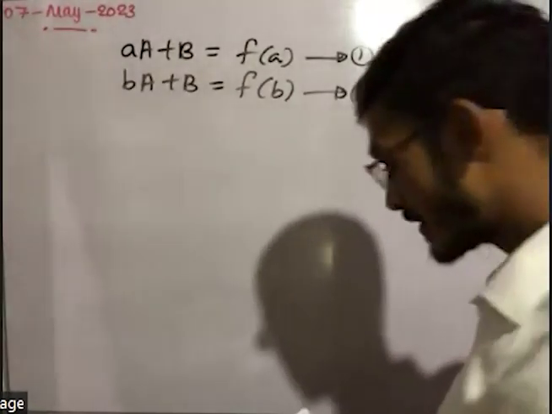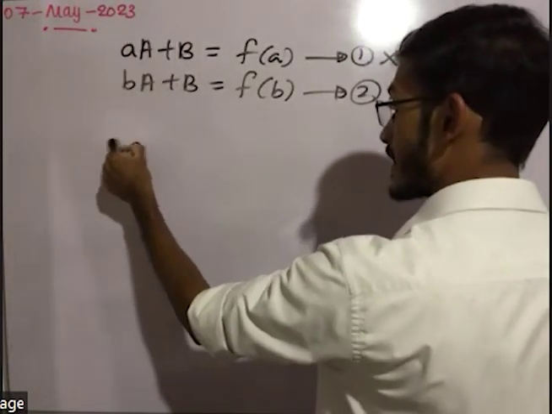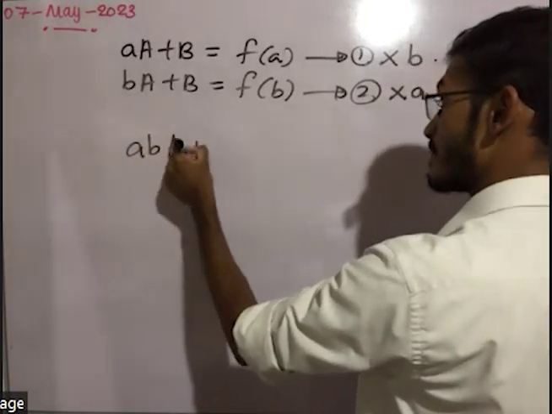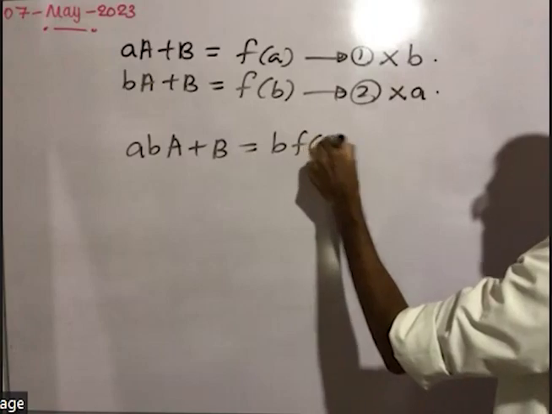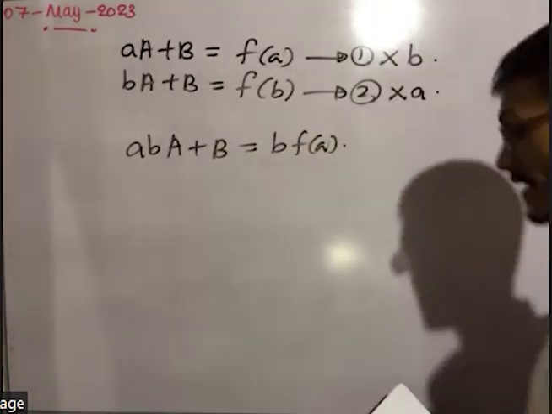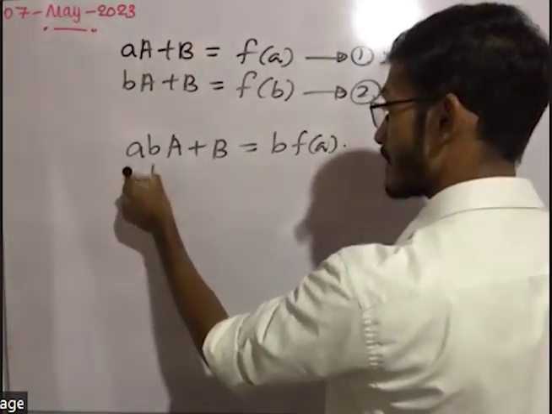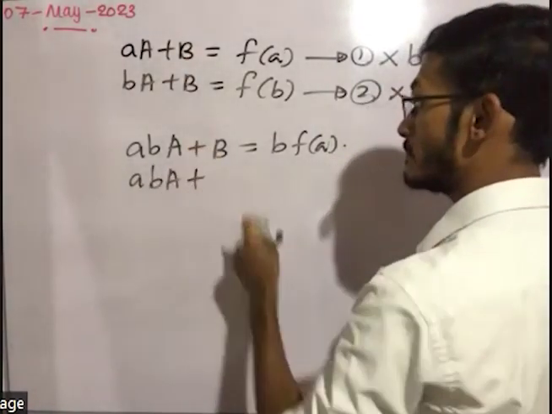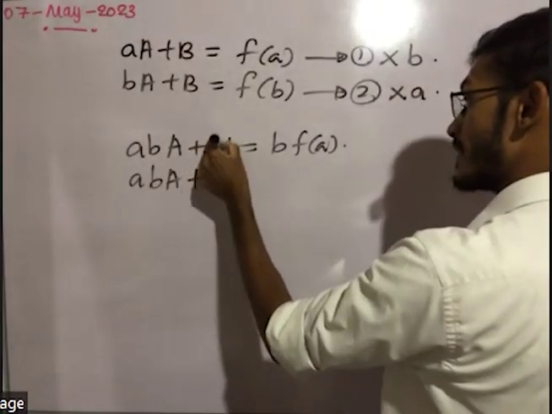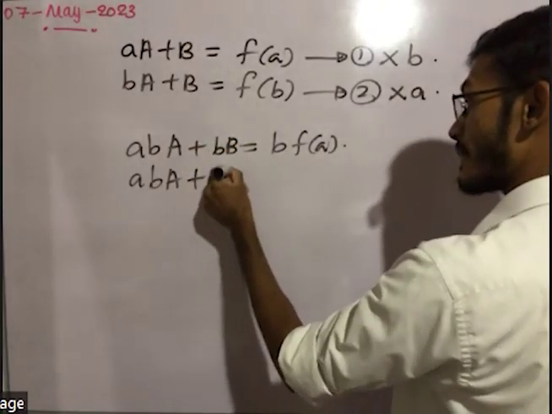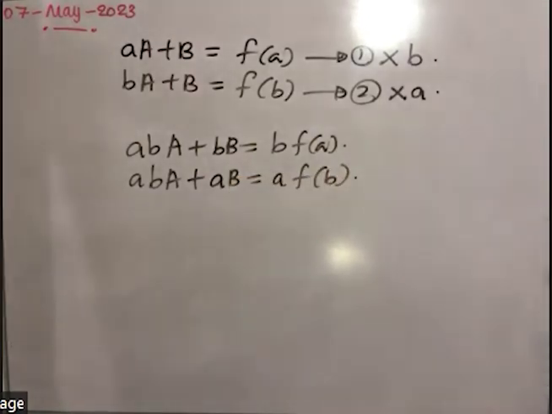If you multiply the first one by B, then we will get AB capital A plus B capital B equal to BFA. If you multiply the second one by simple A, you will get AB capital A plus A capital B equal to AFB.